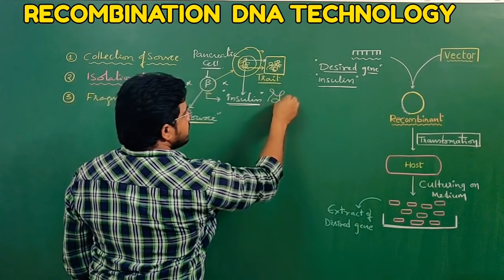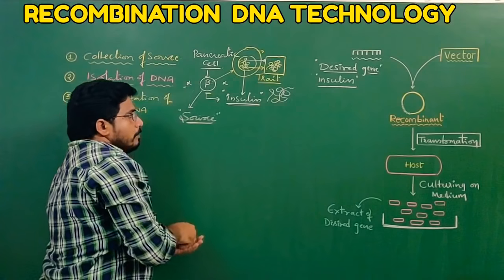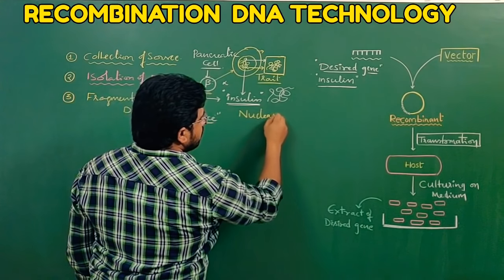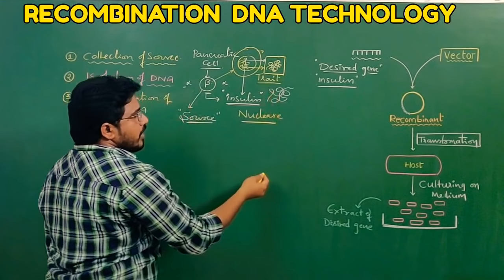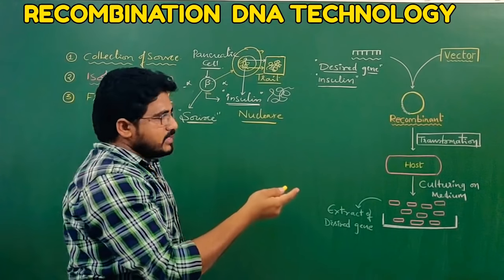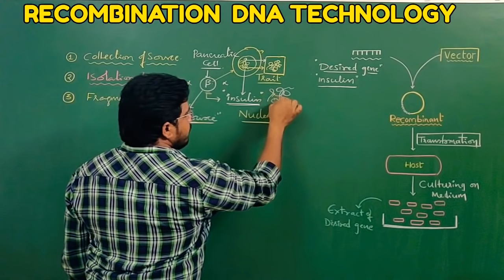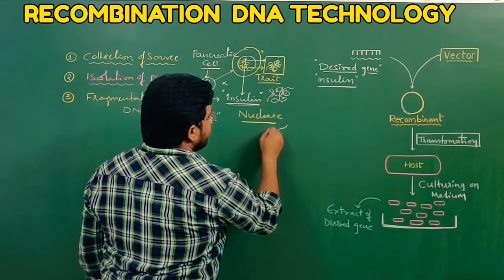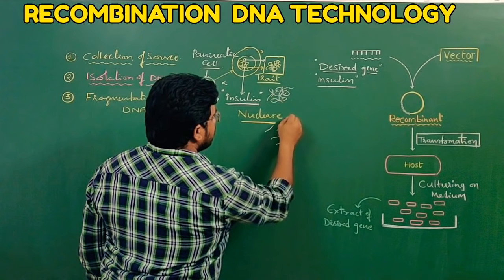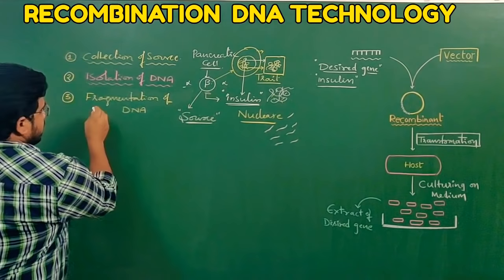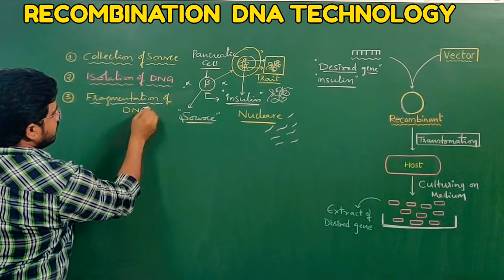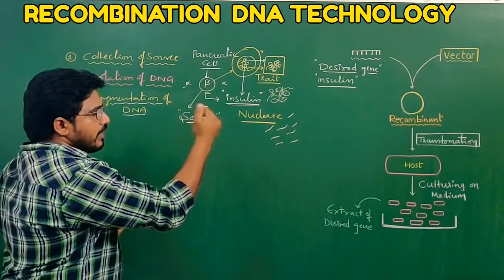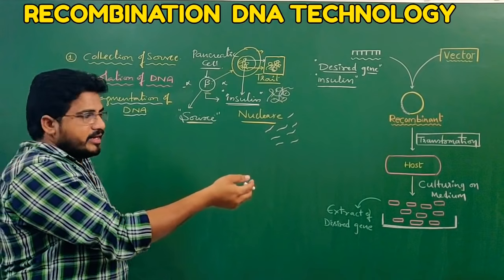So, if this is the DNA molecule, as it is DNA, you have to use enzymes called nucleases, DNase, then it will be fragmented. It will become so many pieces like this. This is called fragmentation. During fragmentation, the entire chromatin net is fragmented into pieces of DNA.